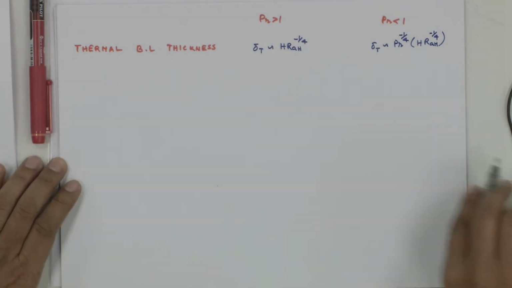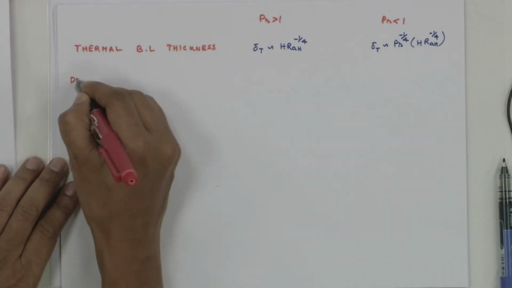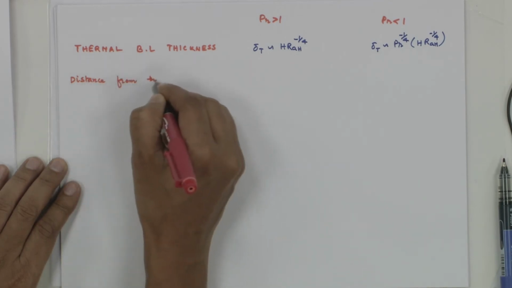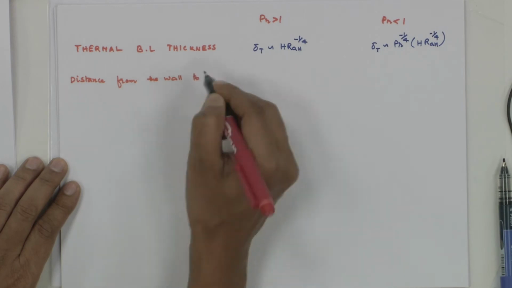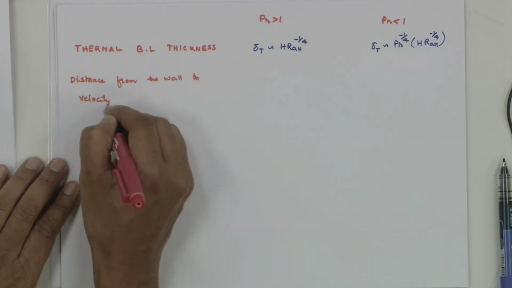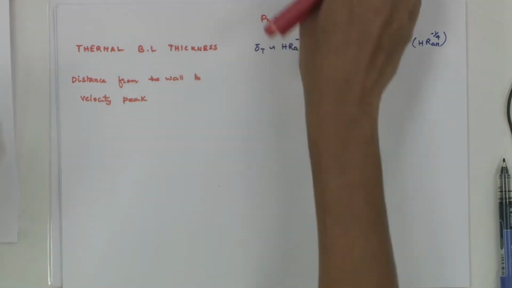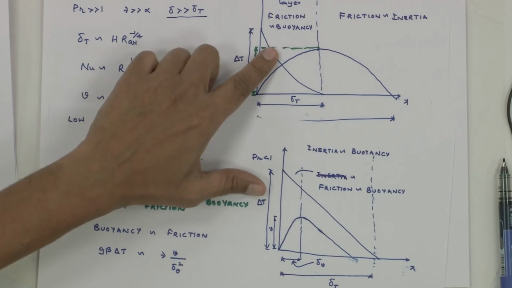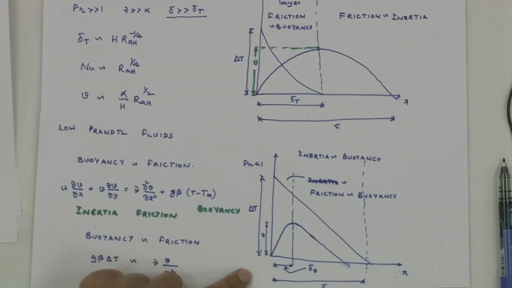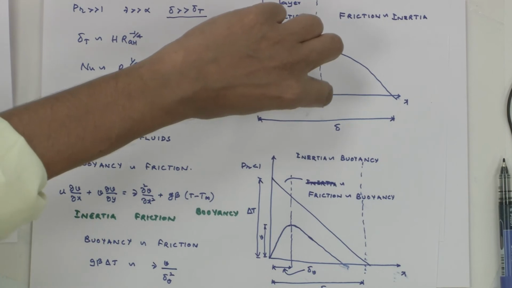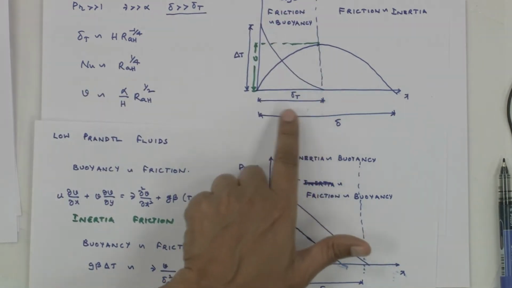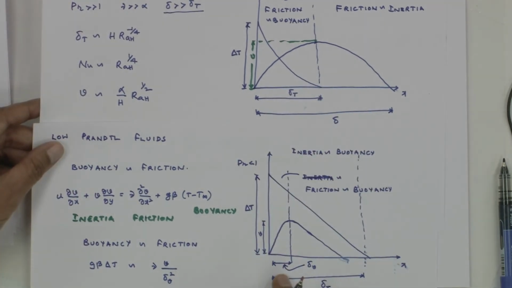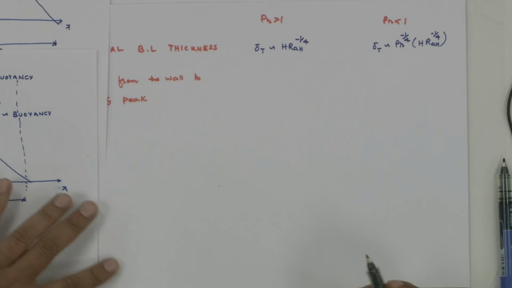Okay. So then, distance from the wall to velocity peak. If you just recall, this was for high Prandtl fluids and this is for low Prandtl fluids. What we are asking is the distance until which the velocity is peak, that is delta T. So for high Prandtl fluids it will be delta T and for low Prandtl fluids it will be delta V. Delta T we have already found.